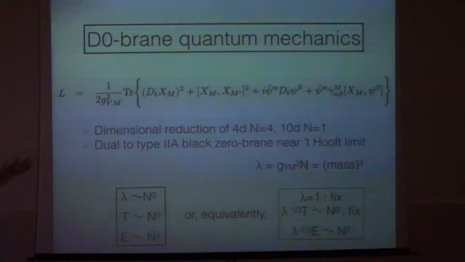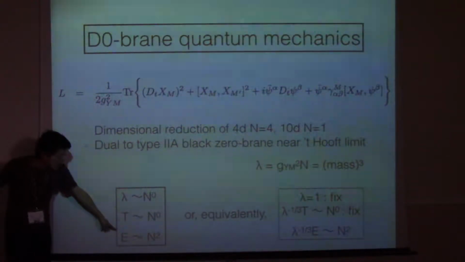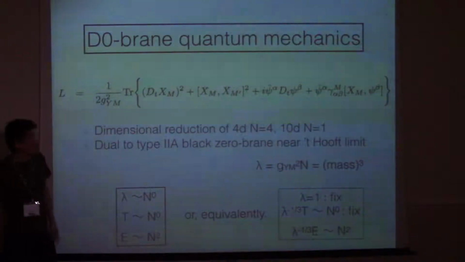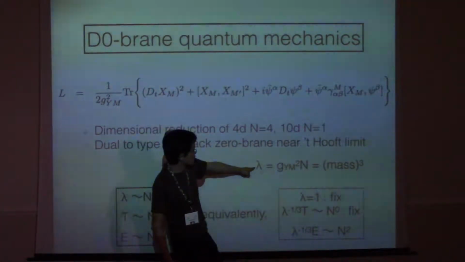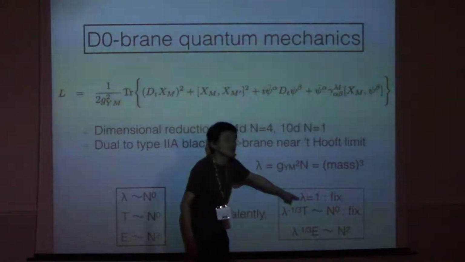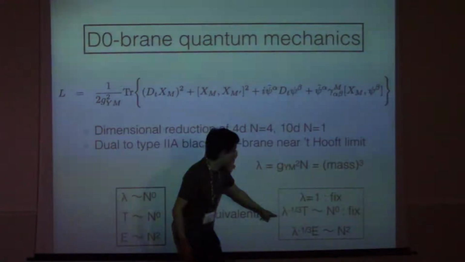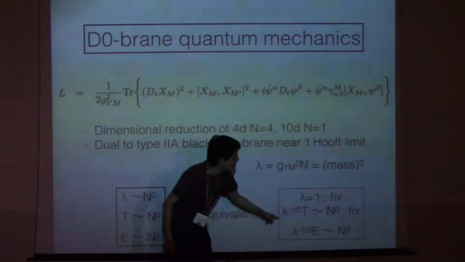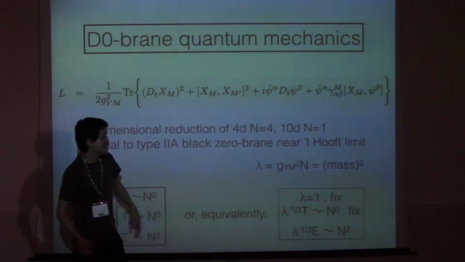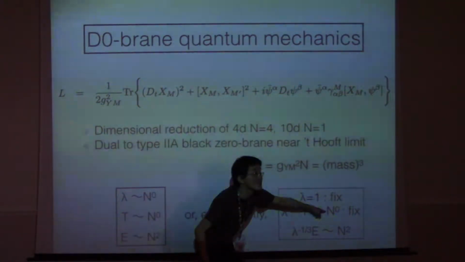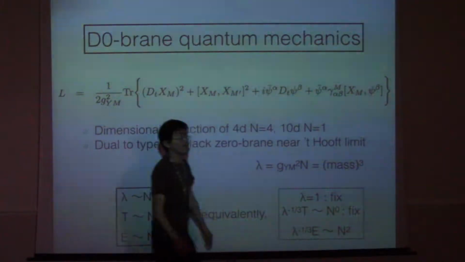And when we take the 't Hooft limit, lambda is fixed, T is fixed, and the energy should scale like N squared. Equivalently, because this is just a length scale, we can fix lambda equals 1. Equivalently, we measure temperature by multiplying this factor to make the combination dimensionless, and fix this dimensionless energy to be N squared.